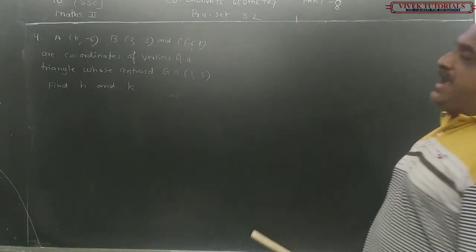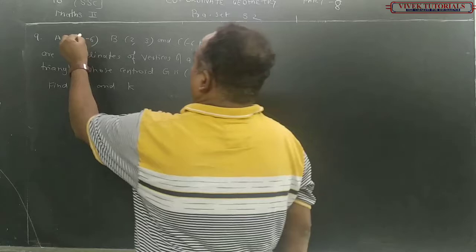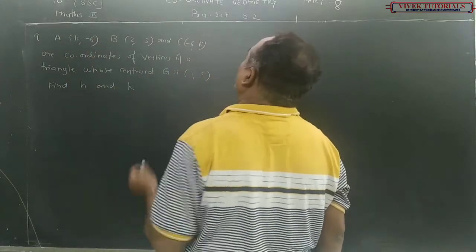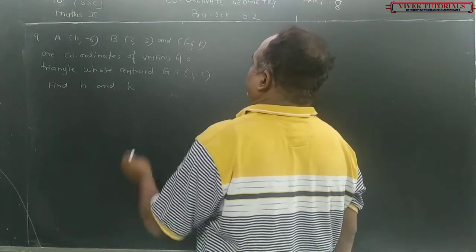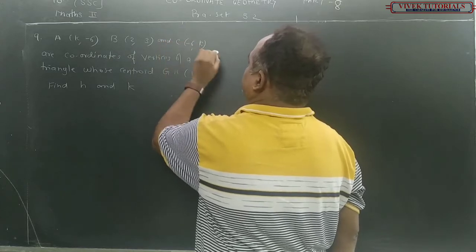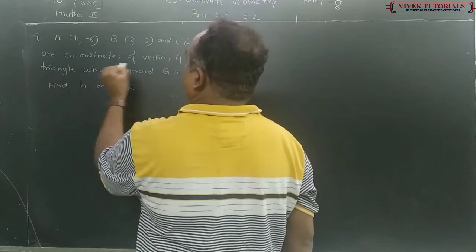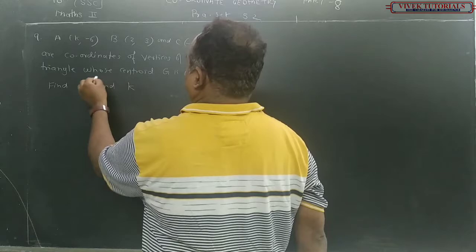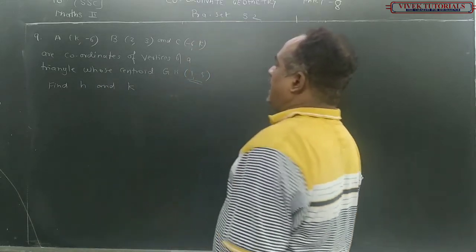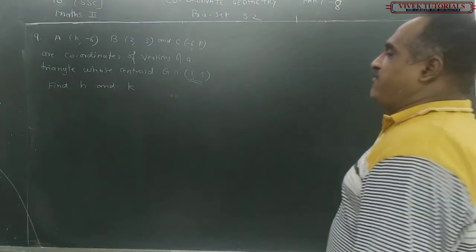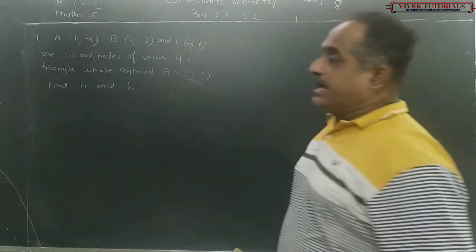Now, 9th question: A (h, -6), B (2, 3) and C (-6, k) are the coordinates of the vertices of a triangle whose centroid is (1, 5). Find h and k.